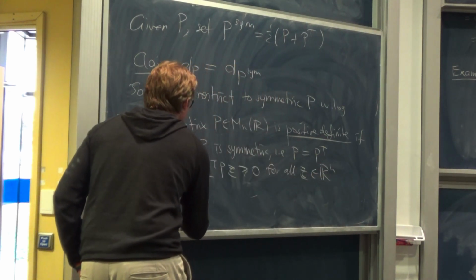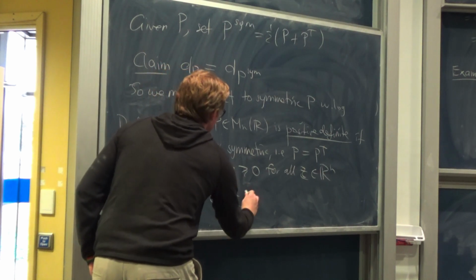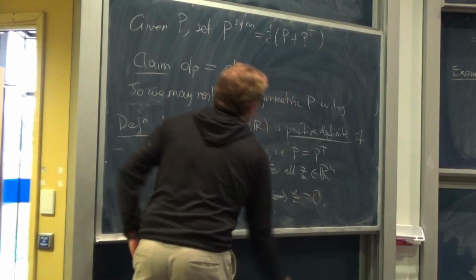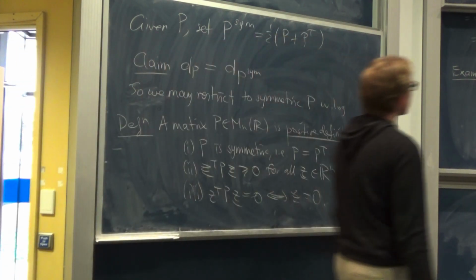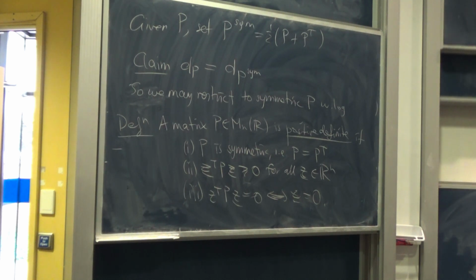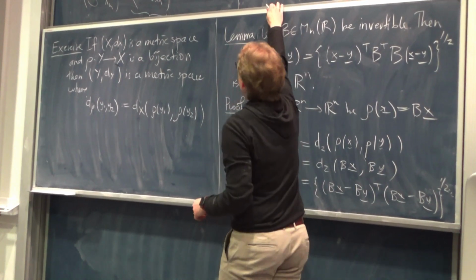And 3, okay, the second condition there. Right, so that's a positive definite matrix. Now, the lemma is that as long as P is positive definite, this function is another example of a metric on Rn.